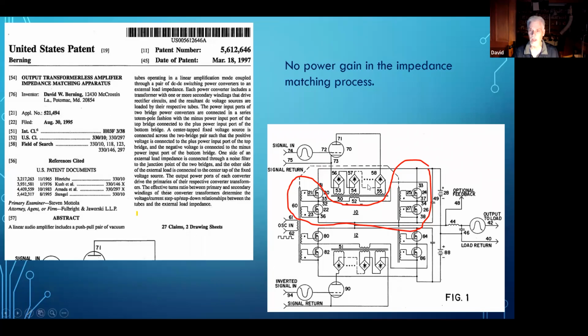Not only are they not really available, it's the parasitic capacitance in the windings and parasitic inductance, which limits your bandwidth if you try and do this all with one rectifier bridge. So there are a number of them in series to be able to really implement this correctly.